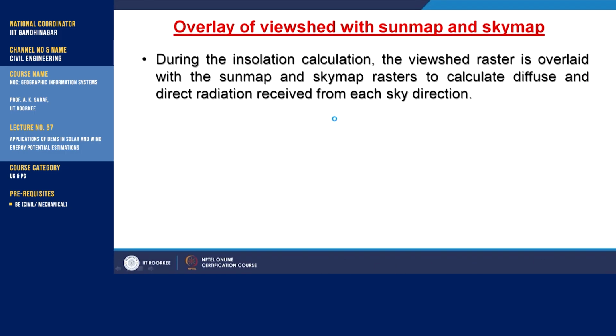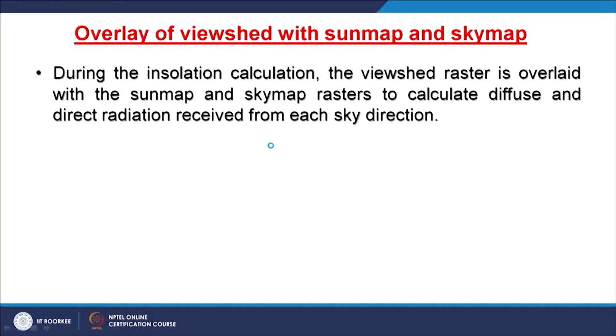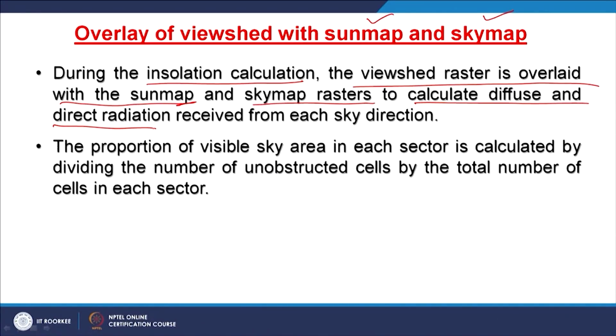Now we overlay the view set, which represents our hindrances, with the sun map and sky map on a GIS platform. During the insolation calculation, the view set raster is overlaid by the sun map and sky map rasters to calculate diffuse and direct radiation received from each sky direction.